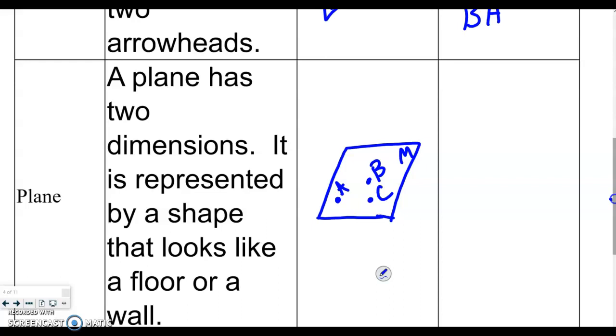So for our notation, we know we can name it plane M. We already called it M. If we didn't have that, and we just had those points, we could call it plane ABC, or CBA, or BAC, or BCA. But you can name any plane with 3 points.